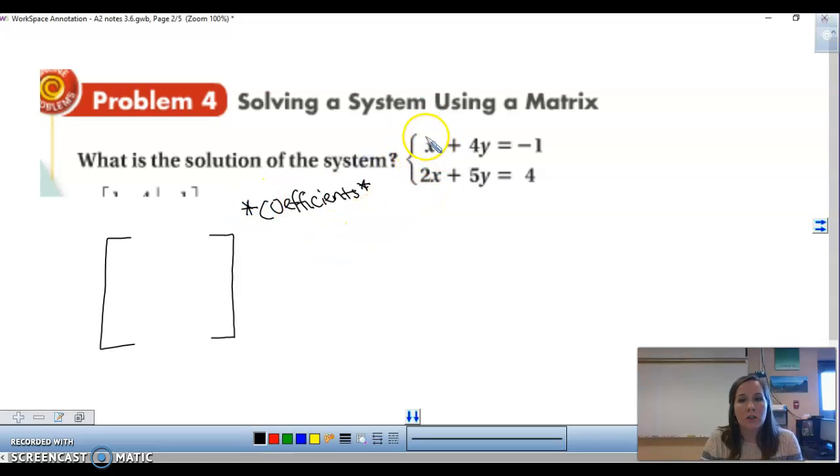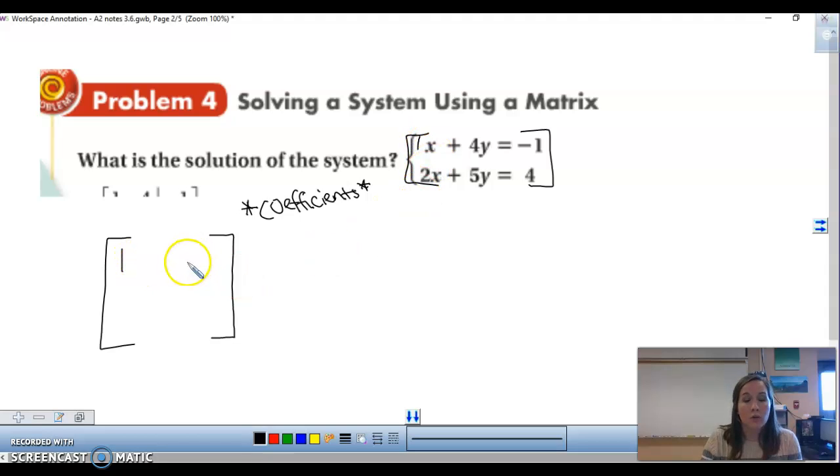So the coefficient for our x is 1. If it's not written, then it's implied that it's a 1. So that is going to go in the top left, the same way that if I wrote brackets here, 1x appears in the top left.